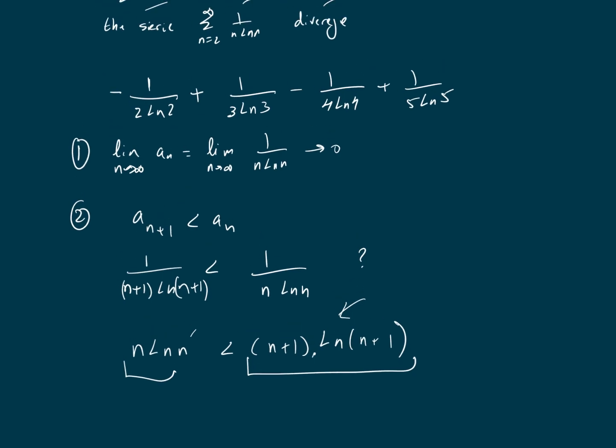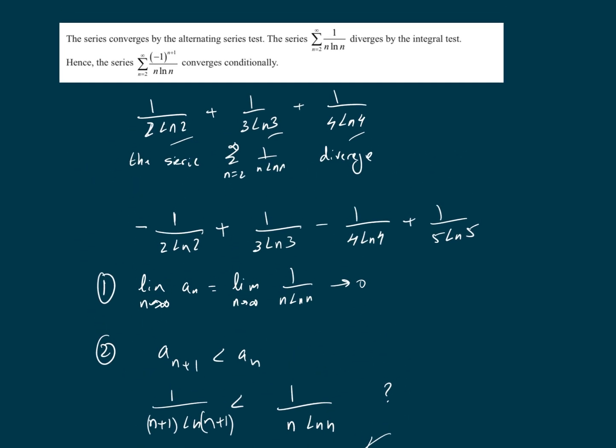But the series of the absolute value does not converge; it diverges. So we say that this alternating series converges conditionally, because the series of the absolute value diverges. Let's go to the next problem.